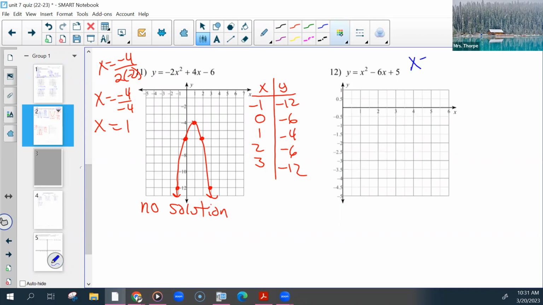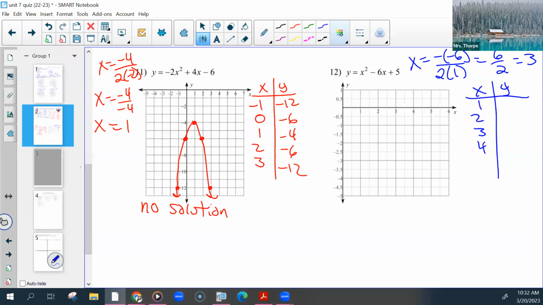Algebraically, that would be -6 over 2 times 1. So 6 over 2. And that table was 1, 2, 3, 4, 5: 0, -3, -4, and 3.